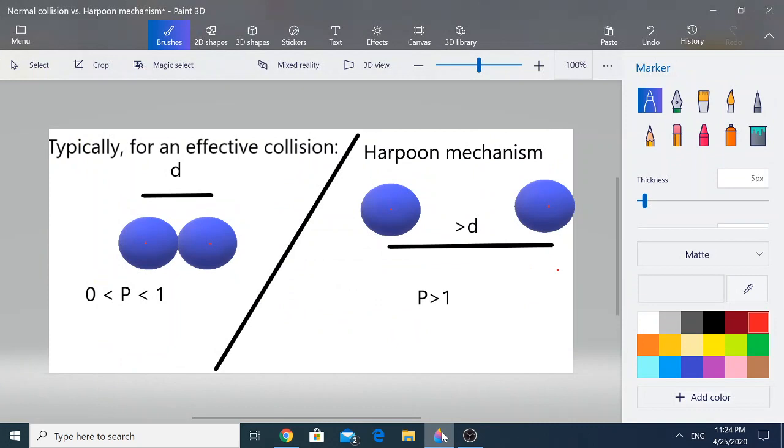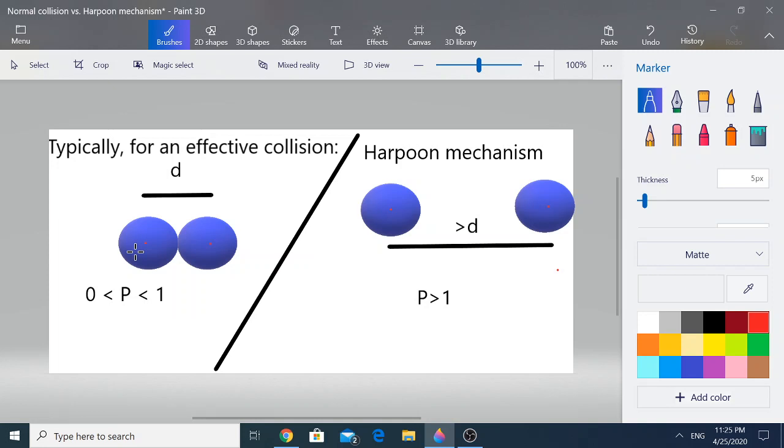So I've drawn, using Paint, a diagram that can help to illustrate the difference between reactions that take place normally, with effective collisions with a value of P between 0 and 1, and reactions that take place via the harpoon mechanism. Typically for an effective collision, the two reactant particles, modeled by spheres, must be in physical contact with each other.